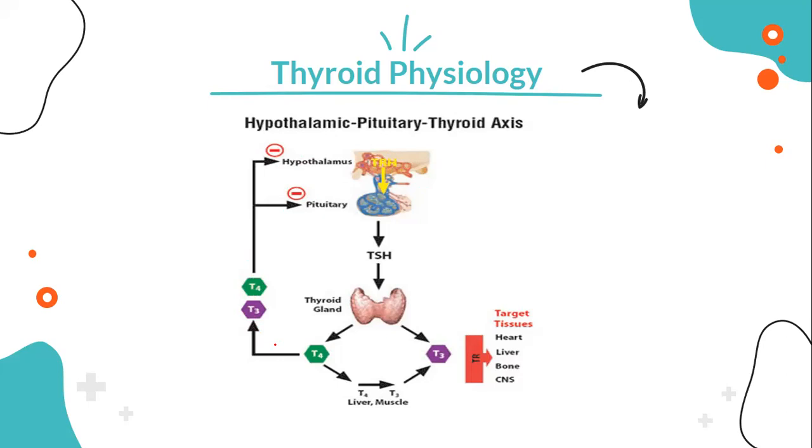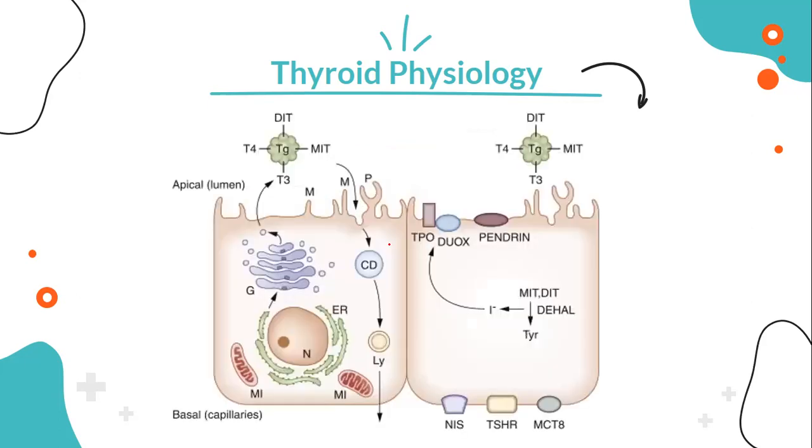So the increased levels of both hormones, through this negative feedback mechanism, stop producing these other two hormones, TRH and TSH. You already know this.